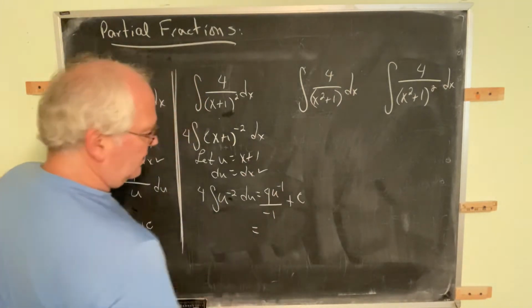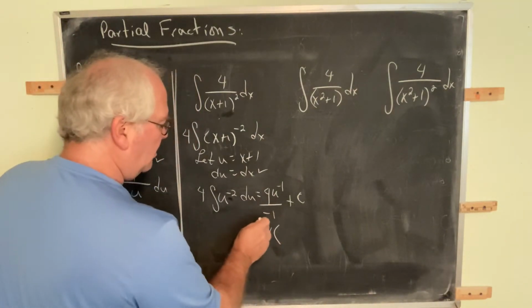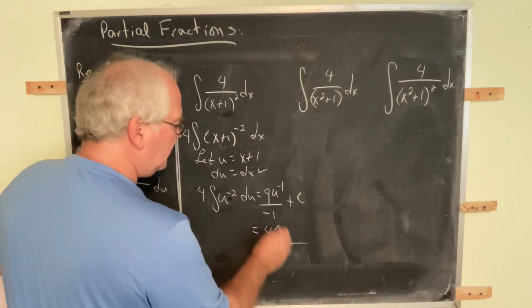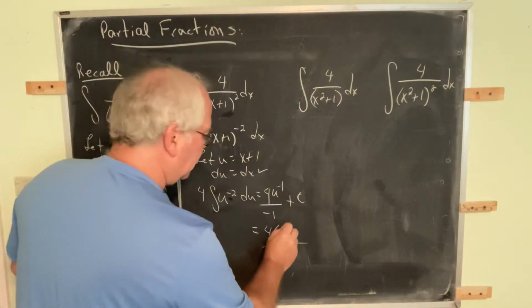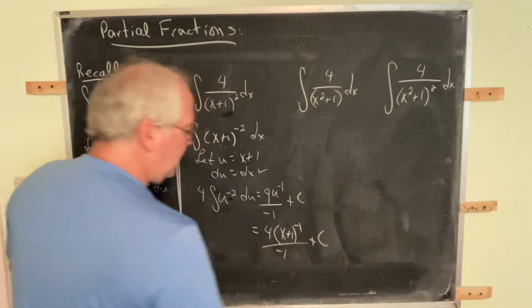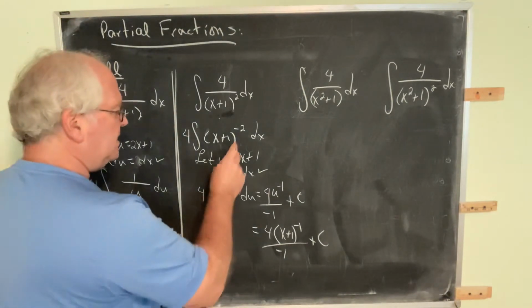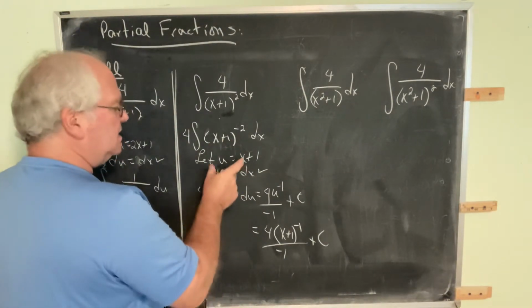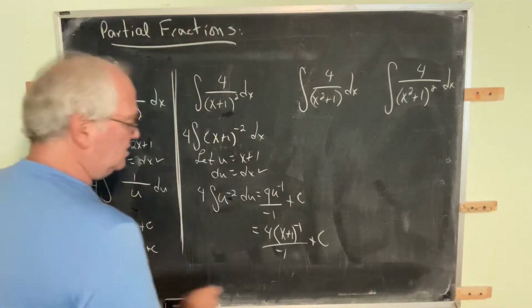And so what do we have here? That's 4, negative 1 in the denominator, u to the negative 1. What is u? u is x plus 1, so this is x plus 1 to the negative 1, and you're out. So if it's a second power, just do an ordinary, garden variety calculus 1 U substitution.